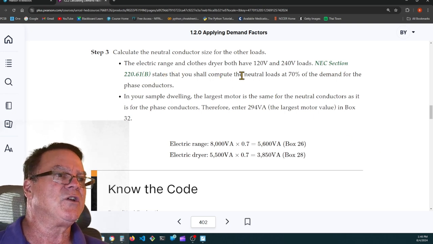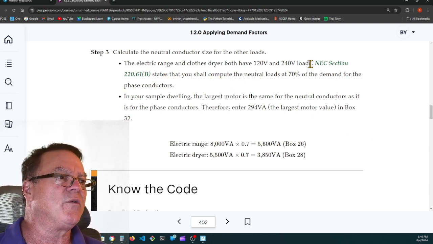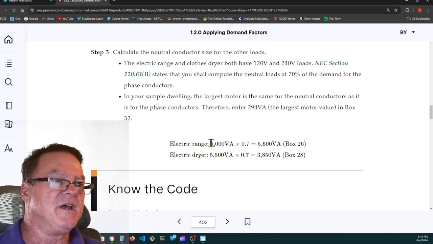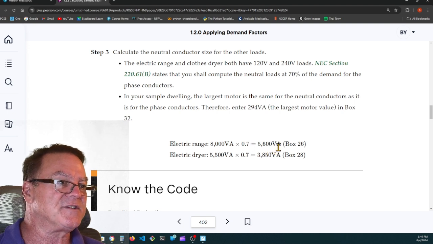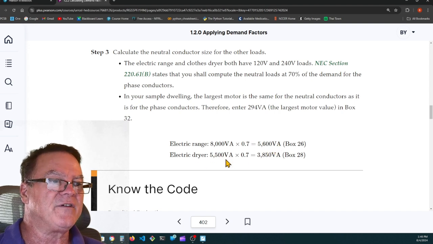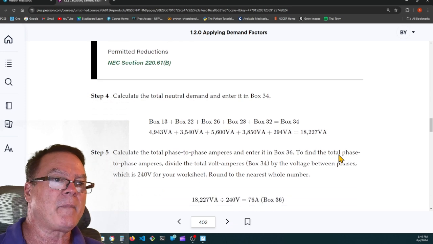The electric range and clothes dryer both have 120 and 240-volt loads. 220.61(B) states that you shall compute the neutral load at 70% of the demand for the phase conductors. So 8,000 volt amps for the range times 70% is 5,600 volt amps, and 5,500 volt amps for the dryer times 70% is 3,850 volt amps.